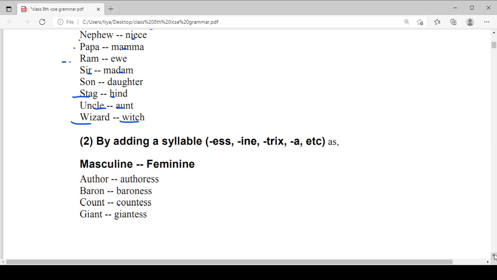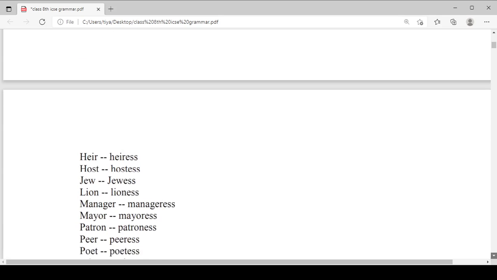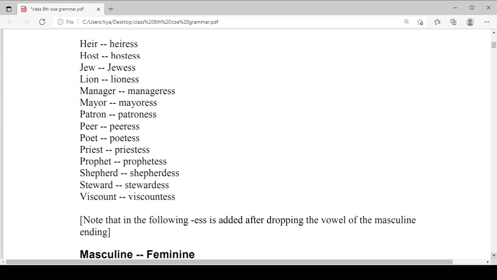Now we have adding a syllable, ess, ine, trix, etc., by which we can make the masculine gender into the feminine gender. Like we have a list: author, authoress; baron, baroness; count, countess; giant, giantess. So by adding ess or in, we can change the gender.